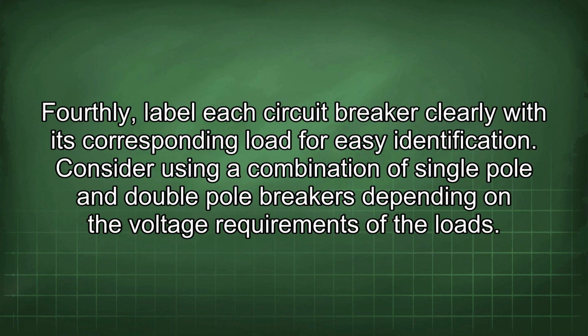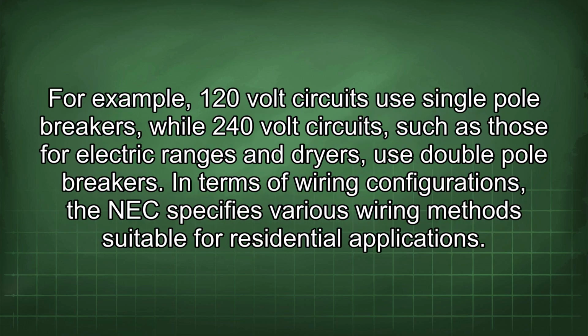Fourthly, label each circuit breaker clearly with its corresponding load for easy identification. Consider using a combination of single-pole and double-pole breakers depending on the voltage requirements of the loads. For example, 120-volt circuits use single-pole breakers, while 240-volt circuits, such as those for electric ranges and dryers, use double-pole breakers.